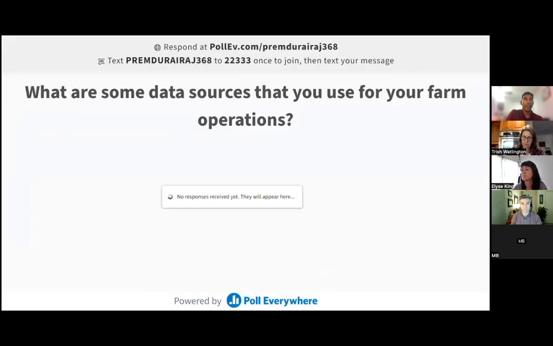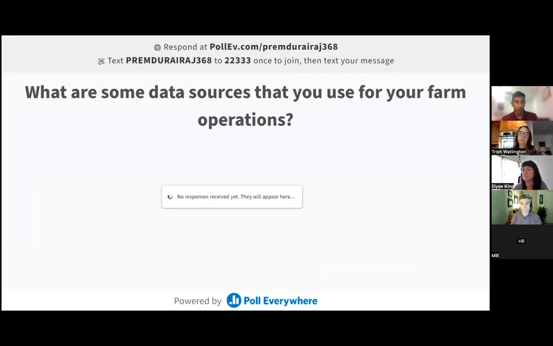And then another question I had, and we don't need to make this a poll, I think we can just talk this through like we've been doing: what types of sources of data are you using for your farm operation? This could be both private data, like obvious ones like pricing information, finances, or financial information.